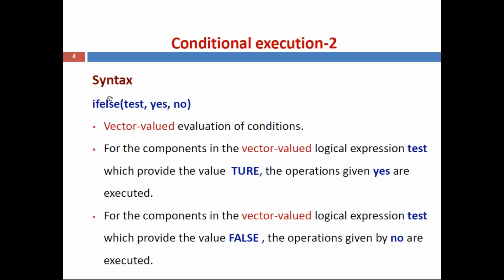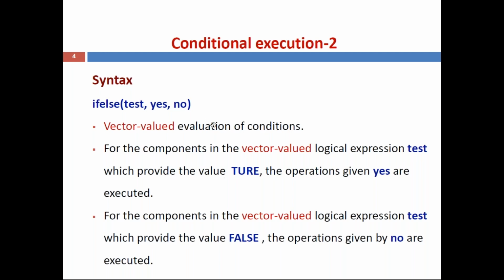This is mainly what we call vector valued evaluation of conditions. For the components in the vector valued logical expression test which provide the value true, the operation given by yes is executed.